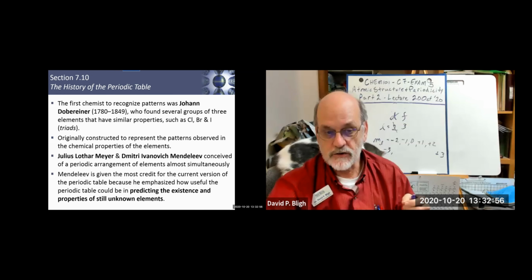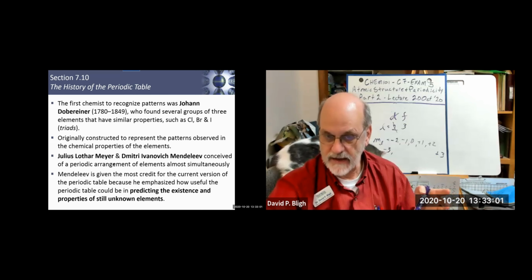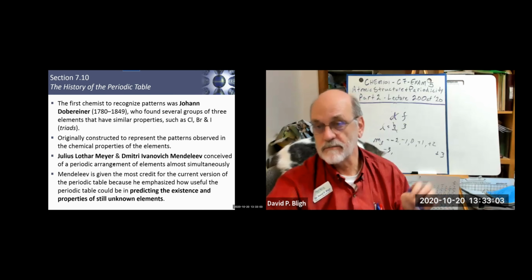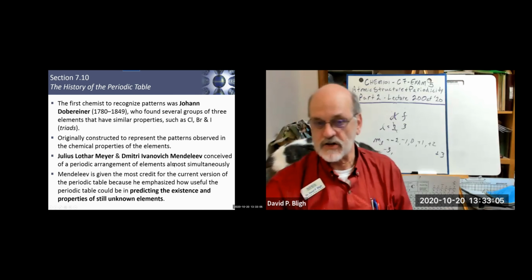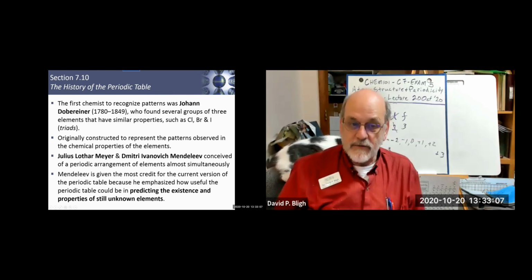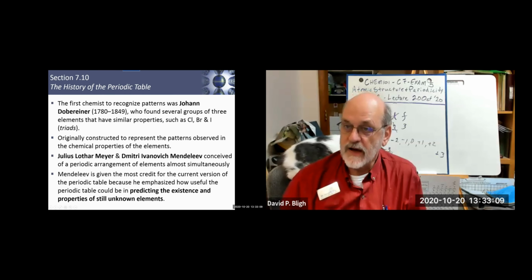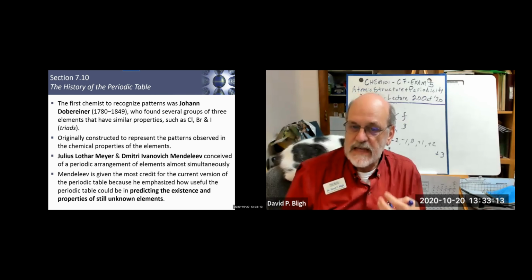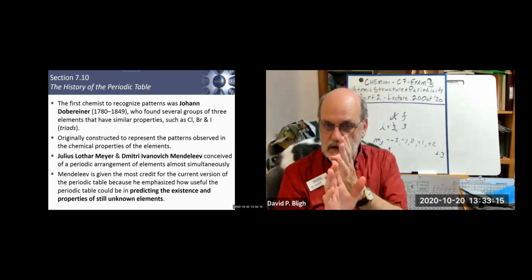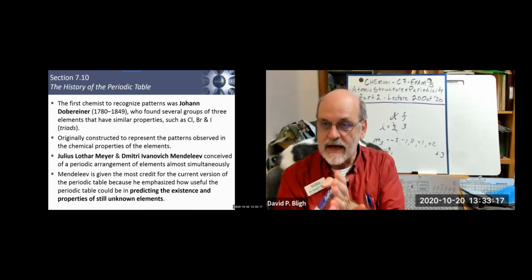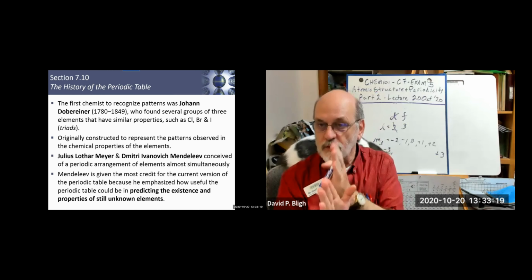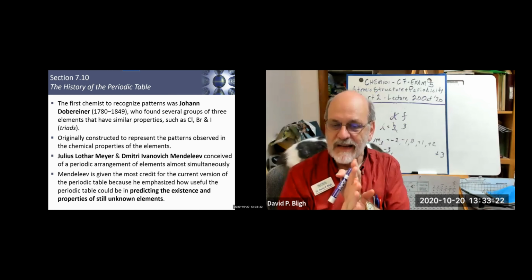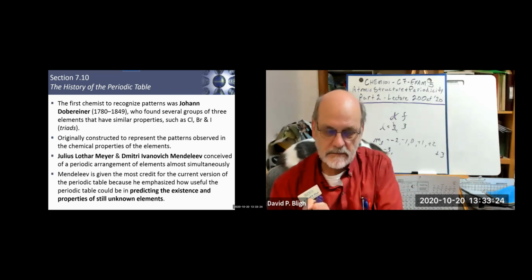Another German, Julius Meyer, observed that, and also Dmitri Mendeleev made that observation. Now, we give credit to Mendeleev for the periodic table primarily because even though both Meyer and Mendeleev grouped elements by their chemical behaviors, Mendeleev took it one step further.